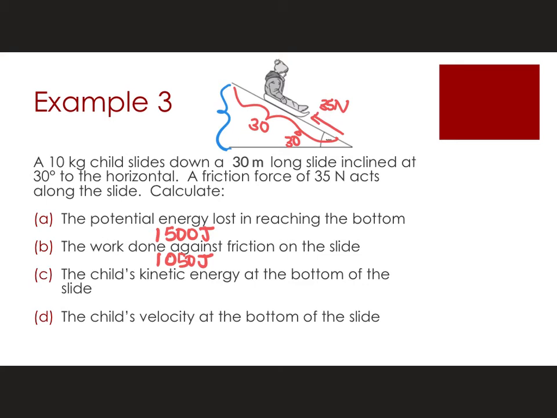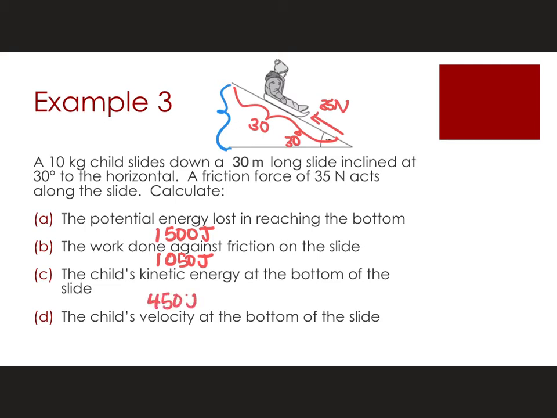So now we're looking for the kinetic energy at the bottom of the slide. So let's think about what we had to begin with. At the beginning, at the very top, we had 1,500 joules of potential energy, of which 1,050 has gone to overcoming friction as we come down. So how much is left over? Well, that would be 450 joules.